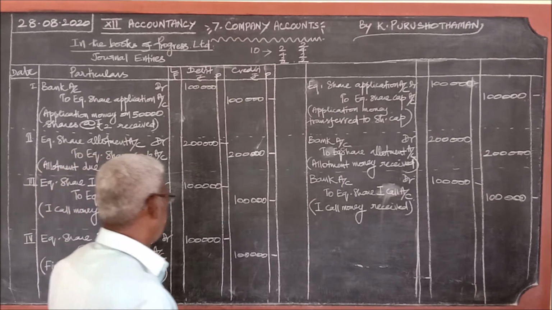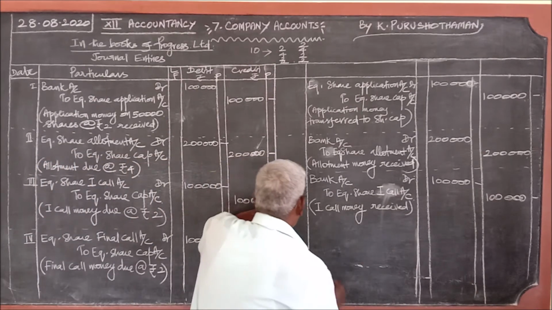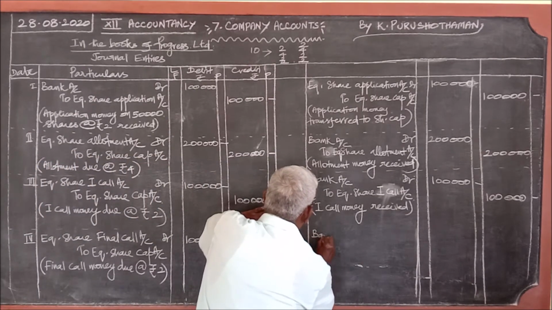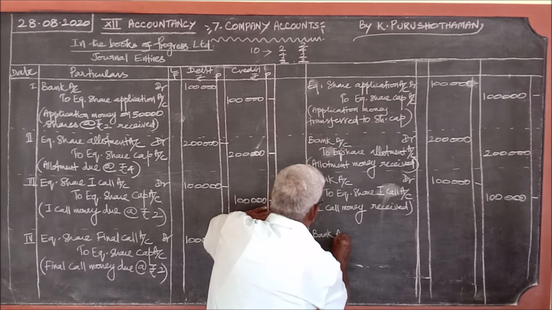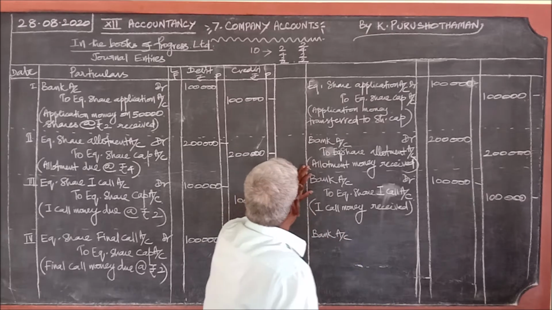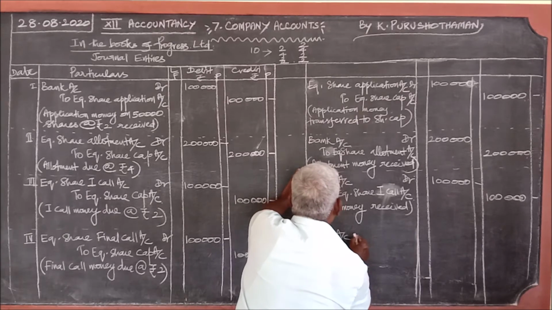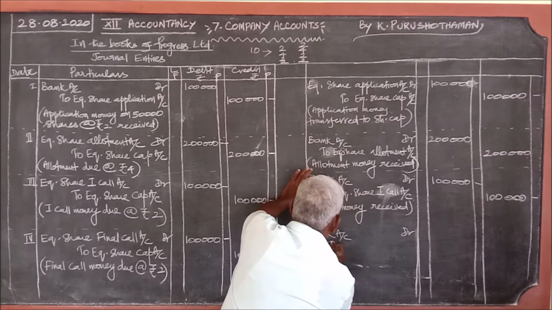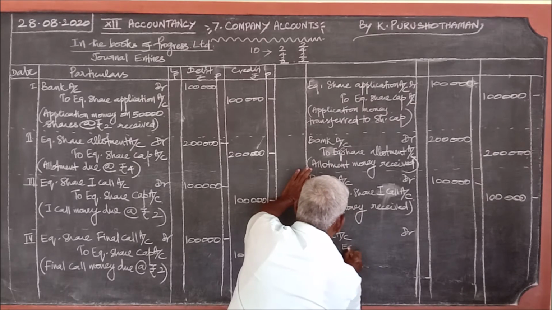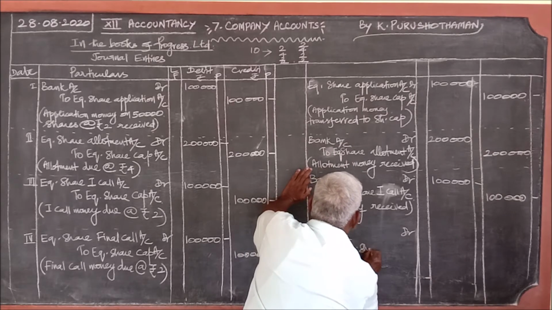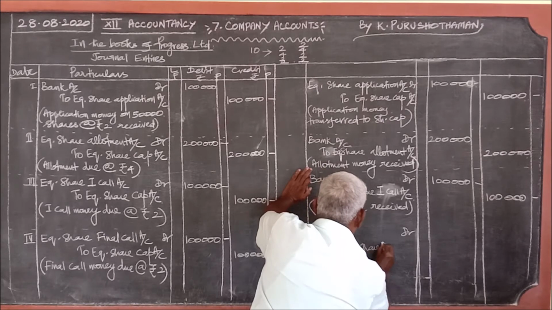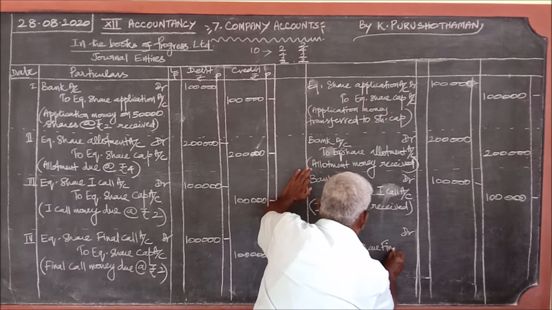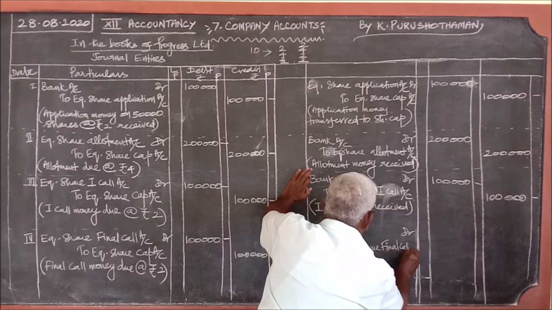For this, the second journal entry: bank account debit to equity share final call account.